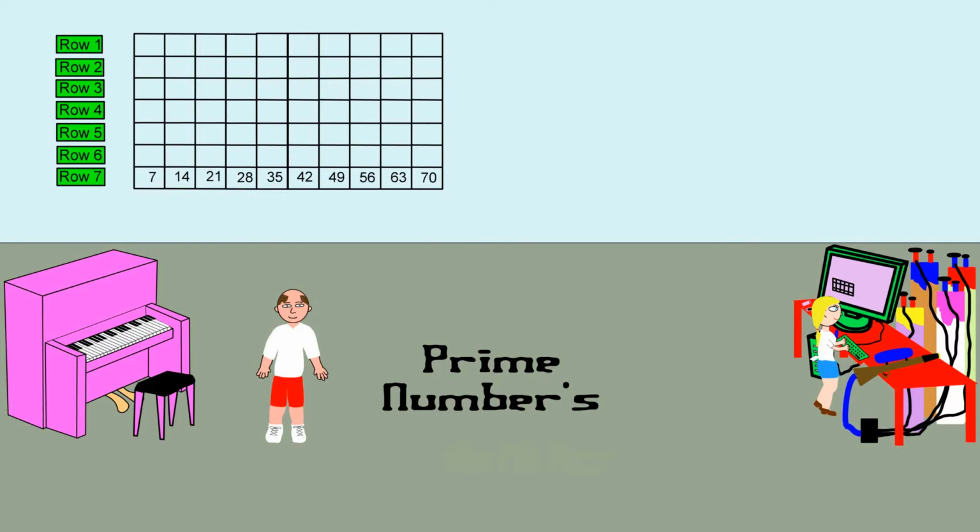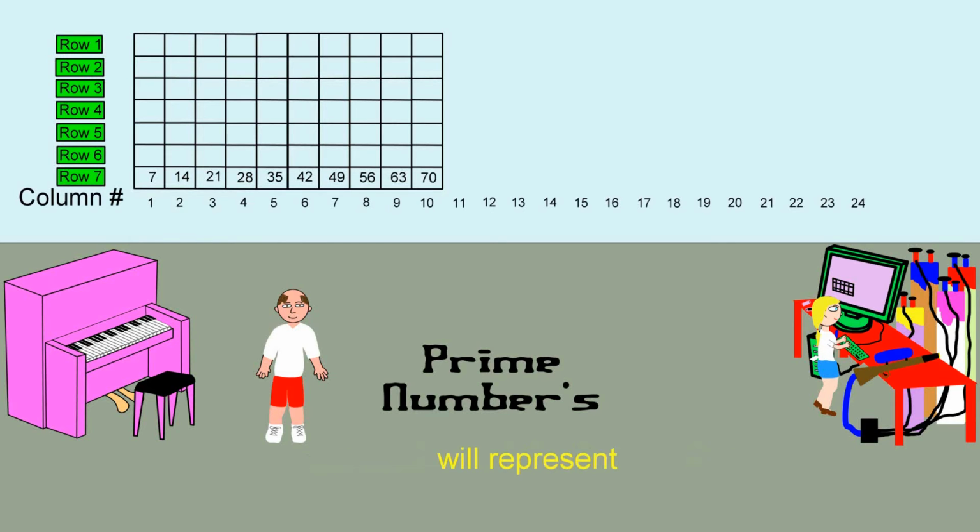The 7th row will always have a multiple of the number 7. The numbers of the column then will represent what a multiple of 7 will be. Column numbers 1, 2, 3, 4, and so on will represent the value of 7 in the column. First column, 1 times 7.